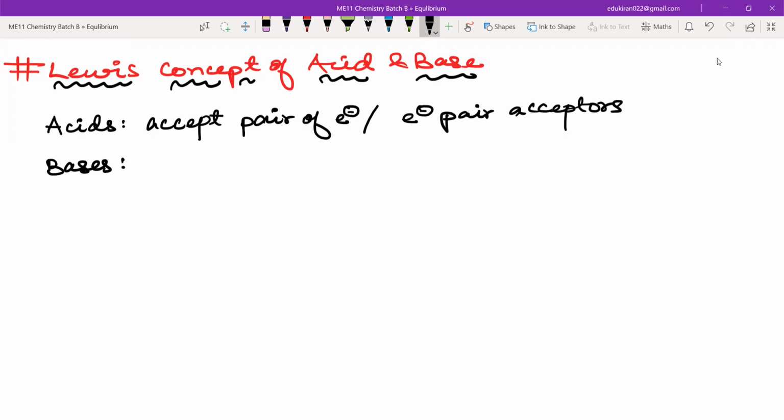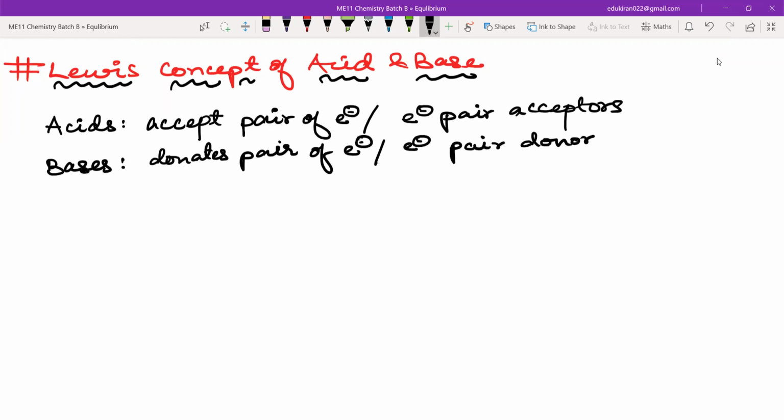Bases is anything that donates pair of electron, an electron pair donor. Okay, so electron pair acceptors are acids and donors are bases.